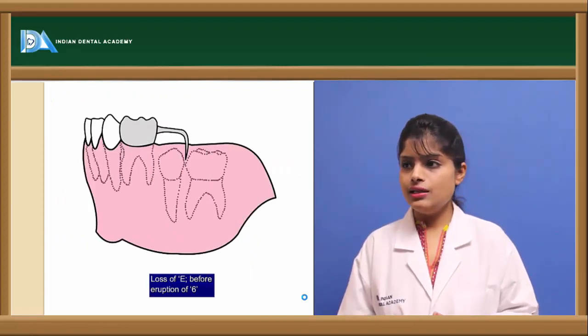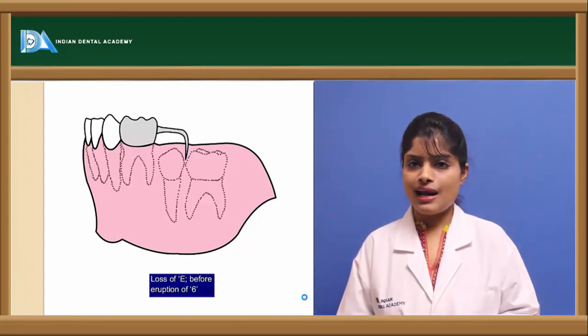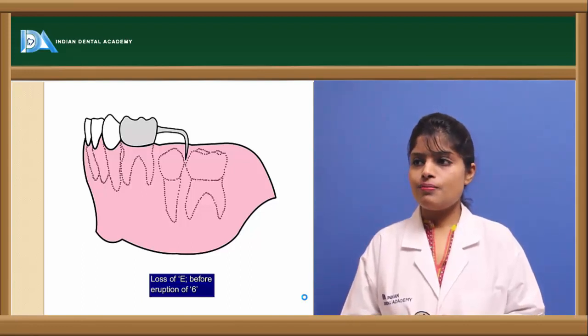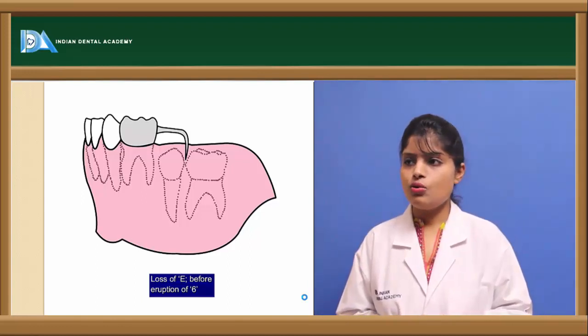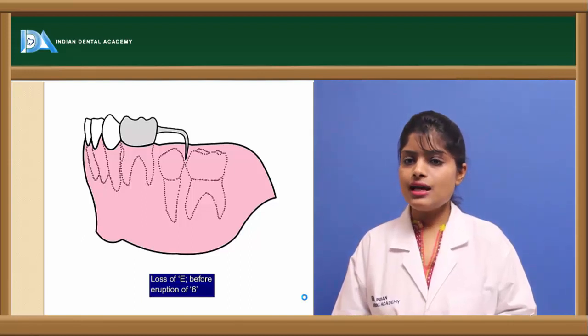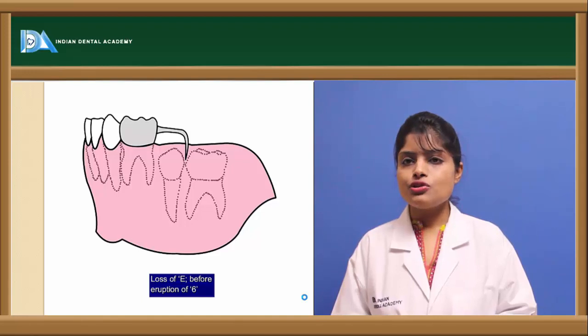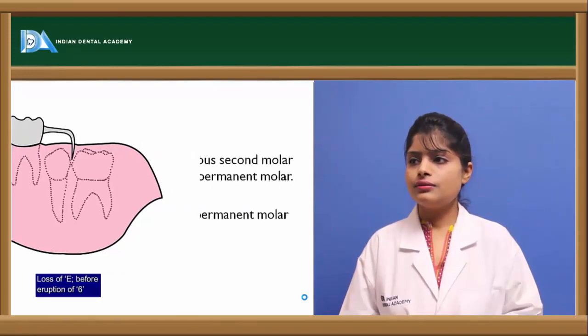Here we can see that a crown is placed on the first primary molar and a band is placed, then an arm is soldered to this first primary molar, which has another arm which extends gingivally to guide the eruption of the first permanent molar in the oral cavity.